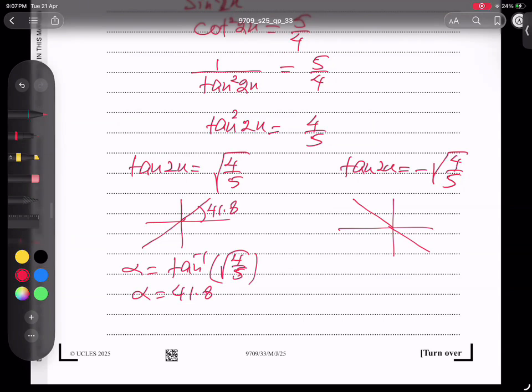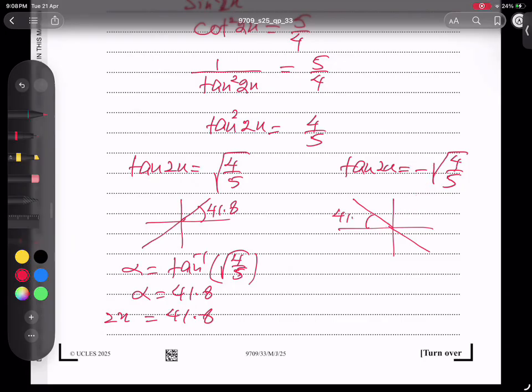So we are getting 2x from here. I'm writing here 41.8, and we can go for the second diagram also. In the second diagram, students, we have a negative sign, so we will not take the negative sign. So the same value, 41.8.